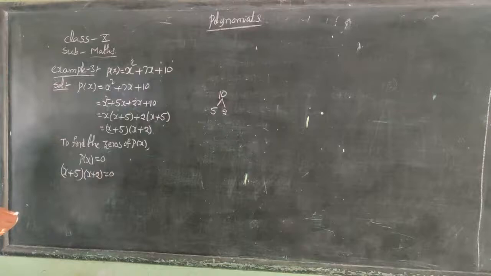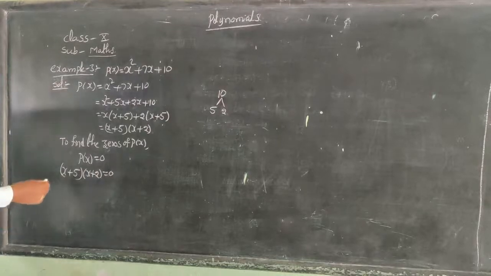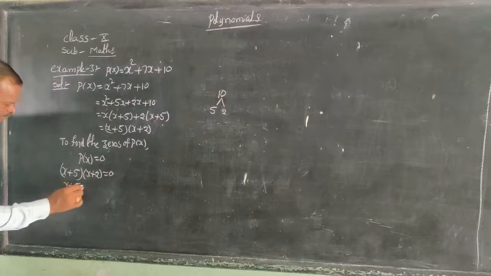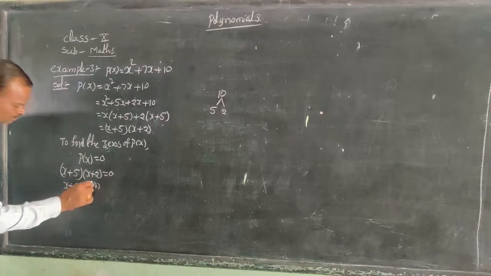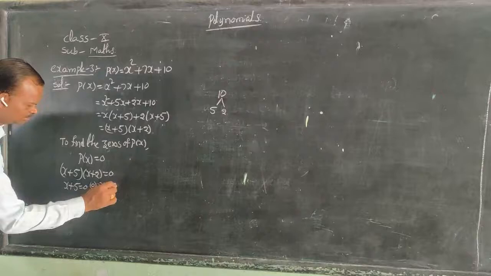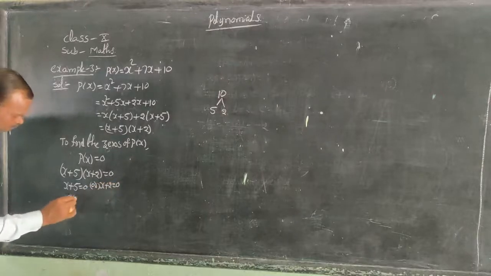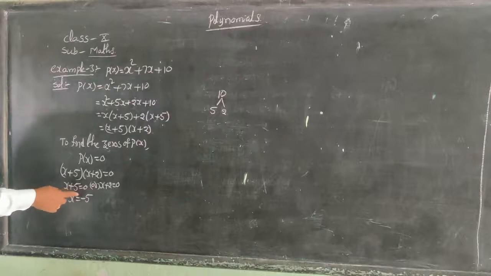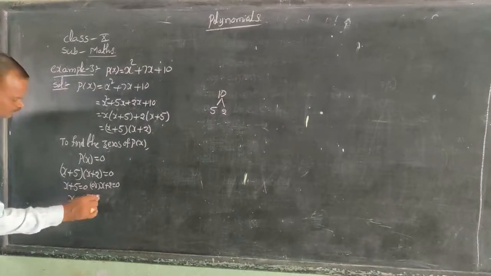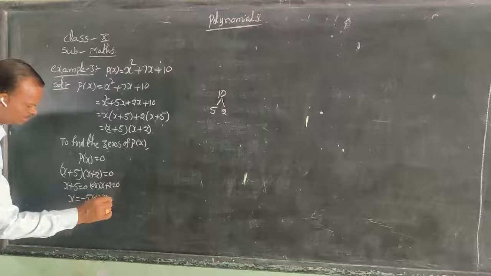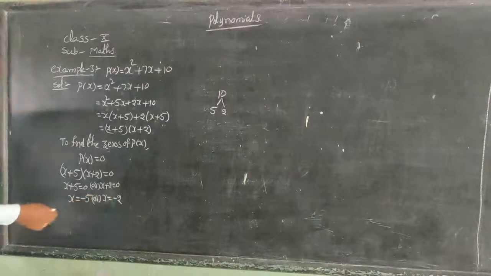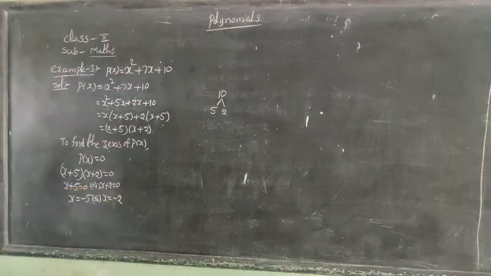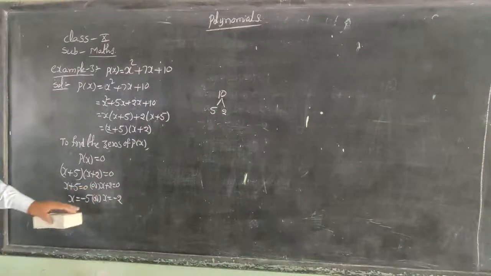Each factor is equal to 0: x plus 5 is equal to 0 or x plus 2 is equal to 0. Transposing, x is equal to minus 5 or x is equal to minus 2. Therefore, these two values are the zeros of the polynomial.